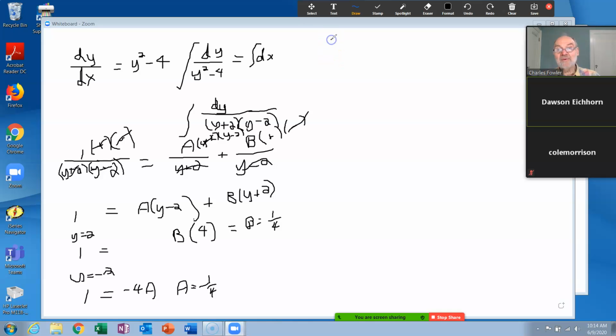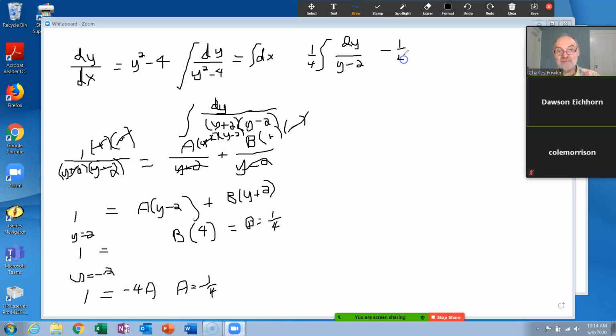So now let's go back and do our left-hand side here. We're going to put the dy back in where it belonged. I'm going to reverse the order here if you don't mind. I'm going to put a 1/4 out front, because that was your b, over y minus 2, that's the one that went with the b, and then you had a -1/4.